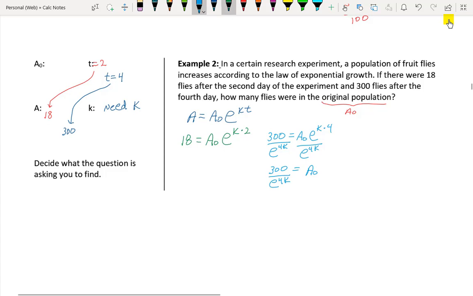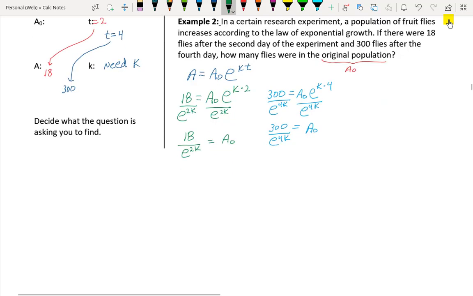I'll do the same thing on the left side. I'm going to divide out e to the 2k. So I've got 18 over e to the 2k equals a sub 0. Now, since both of them are equal to a sub 0, then we can set them both equal to each other as well.